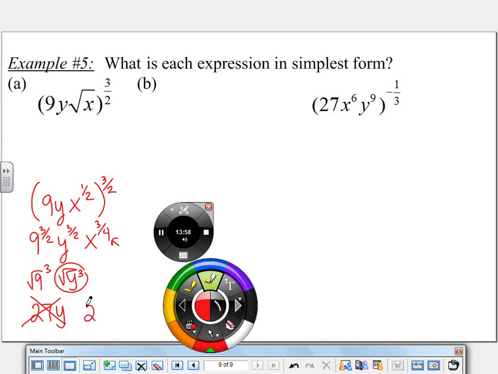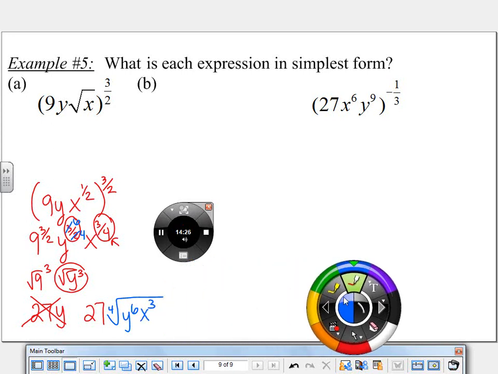So I'm going to keep my 27 since it's outside the radical, and I'm going to think about how I could put both the x and the y with their different exponents in the same radical. And that would be by making a common denominator so the radicals have the same index. So I am going to rewrite the exponent on y with a denominator of 4, which means this is going to become 6. Okay? So that I can write in the 4th root that I have y to the 6th power and x to the 3rd power.